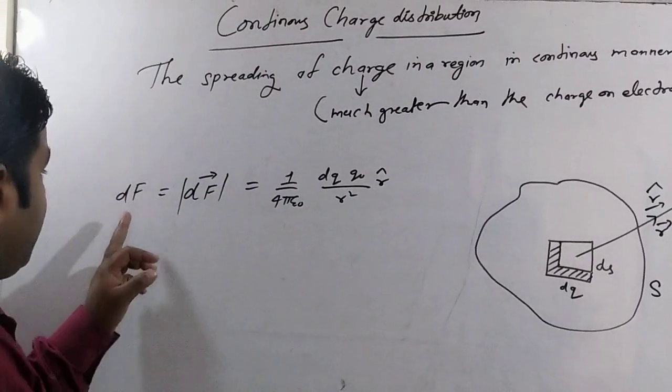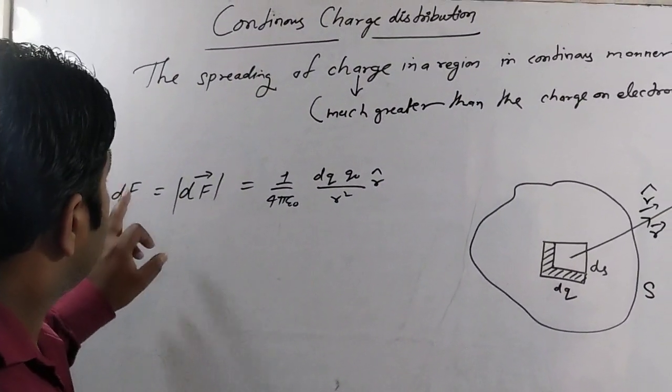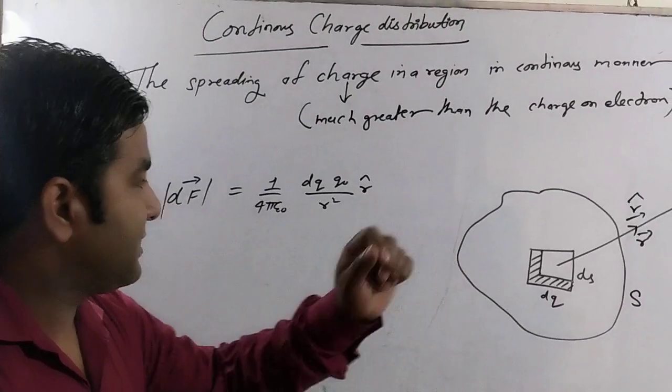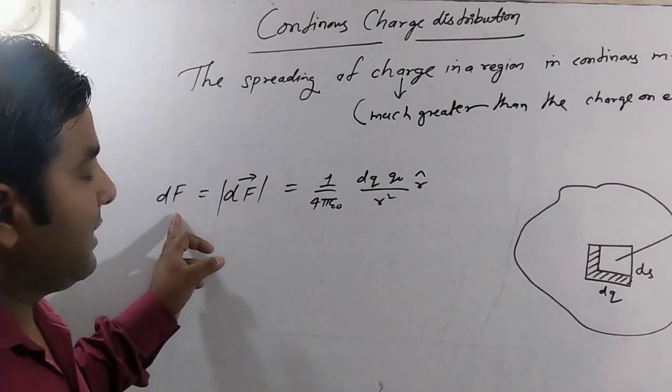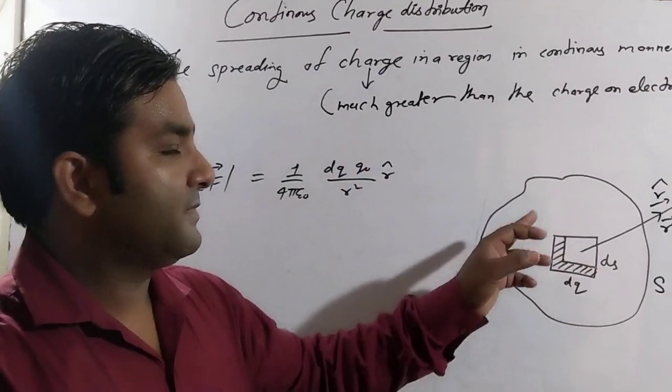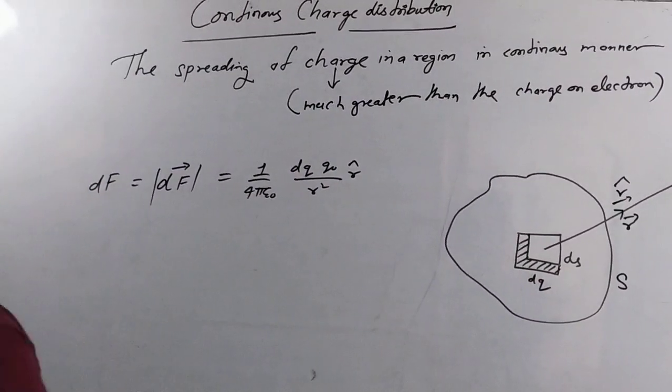This is the value of force due to a small amount of charge, and when we integrate this force over the whole surface, then we can calculate the total value of force.